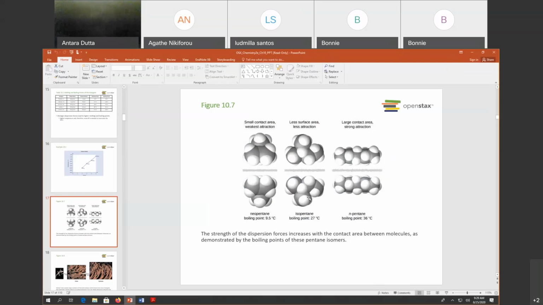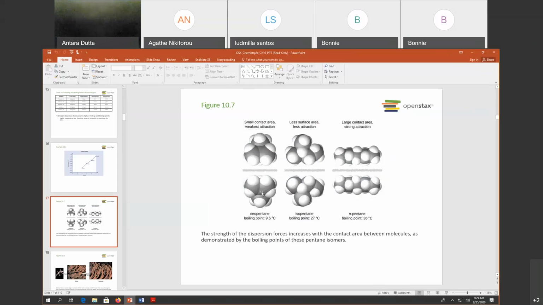Pentane means 5 carbon, and this is normal pentane. So this is a straight chain, 5 carbon. The middle one has one branch. And the leftmost one, you see the many branches, right? It is bulkier, like a spherical type.